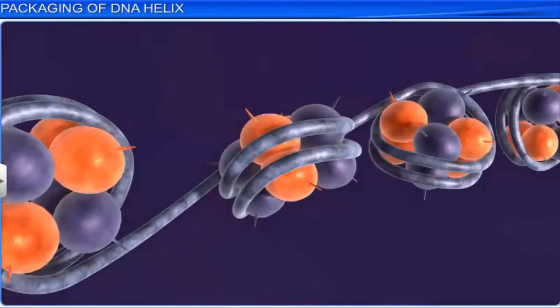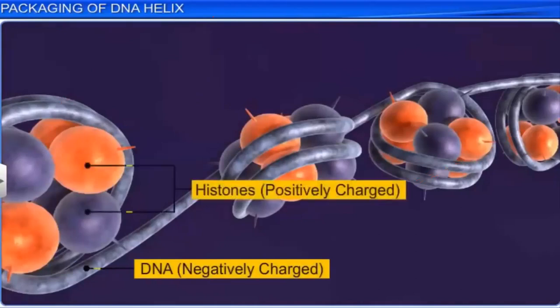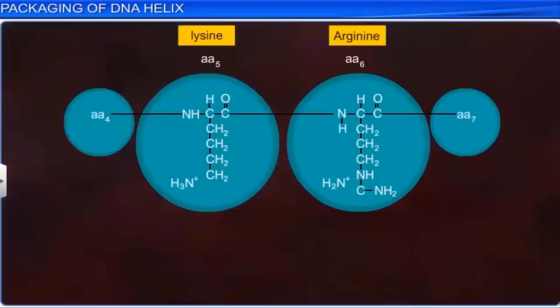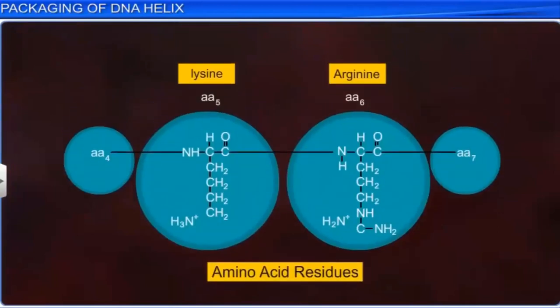Eukaryotes contain a single molecule of negatively charged DNA packaged around a spool of positively charged basic proteins known as histones. The charge in a protein is decided by the abundance of amino acid residues with charged side chains. We are talking about eukaryotes now.